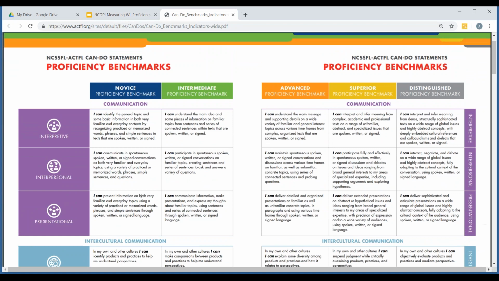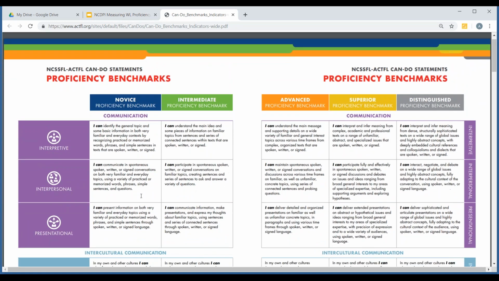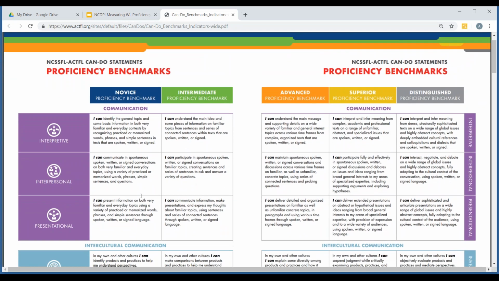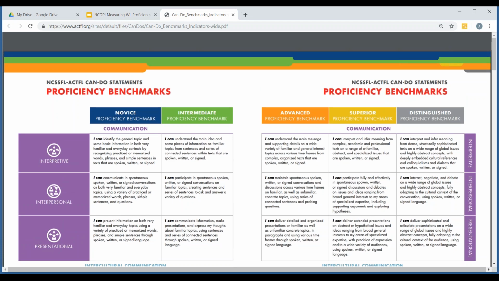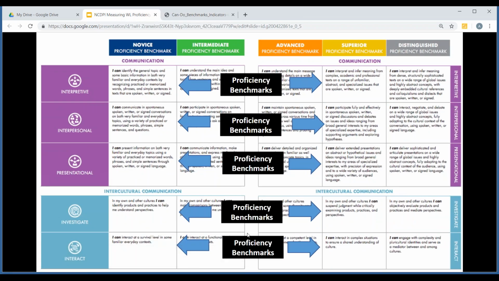Those are investigate and interact. One thing to note about these slides is I often have links set up, so I've just gone out by clicking on that slide to the actual ACTFL site where the NCSSFL-ACTFL Can-Do Statements are posted. You see that these are the proficiency benchmarks, so they're the overall statements that you find in LinguaFolio.